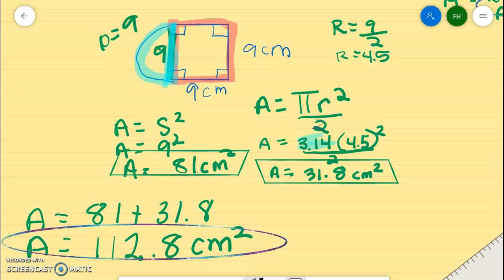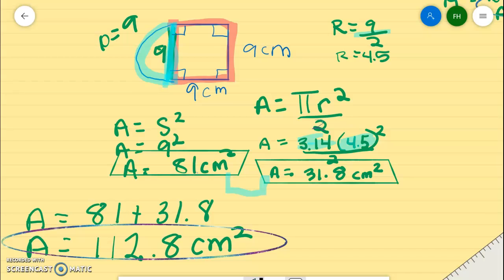So the radius is half the diameter. I had to divide the diameter by 2. That's how I got the radius. Now, when I take 3.14 and multiply it times 4.5 squared and divide it by 2, I got 31.8. Then I have to add those two together because I need the area of the entire figure.